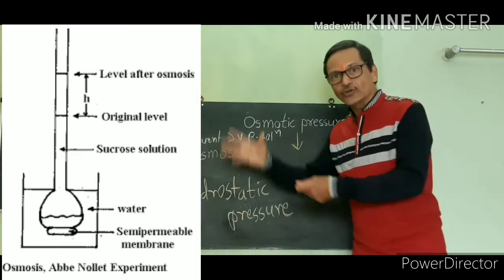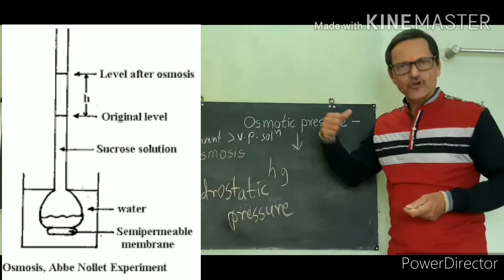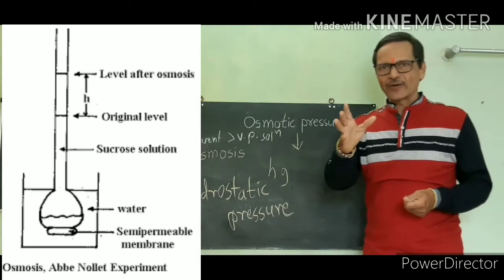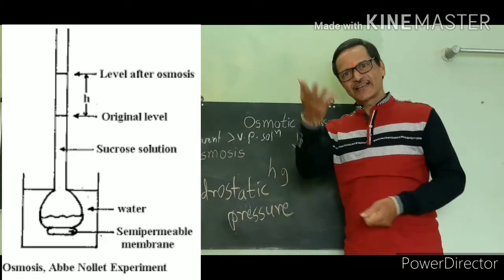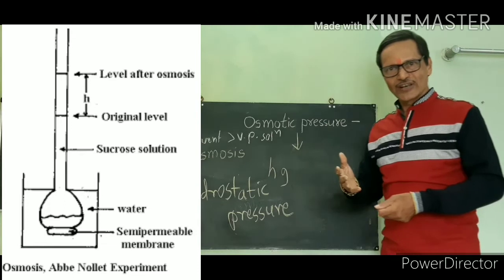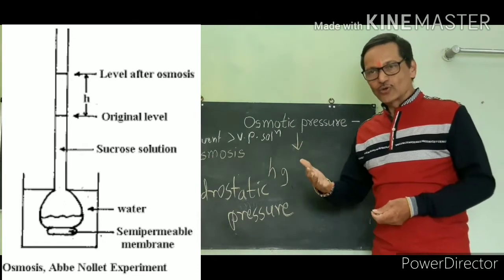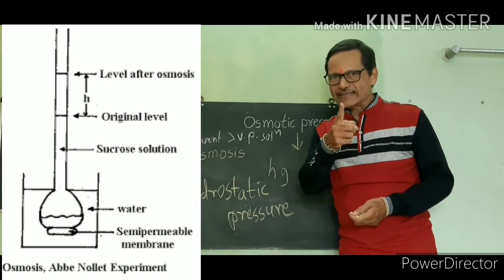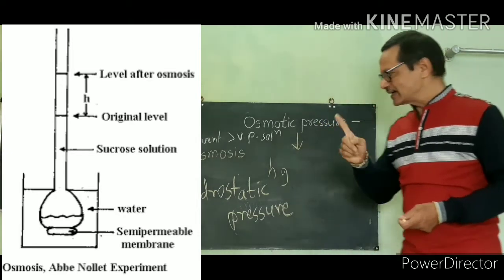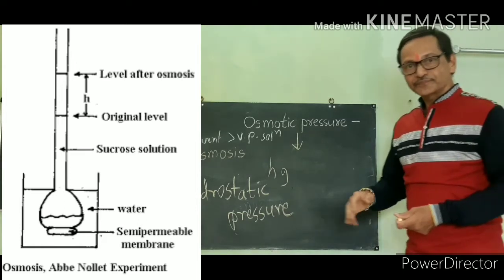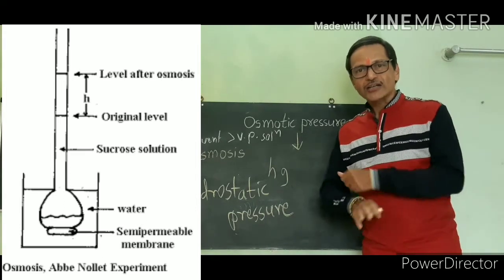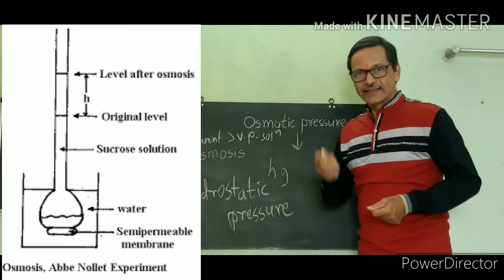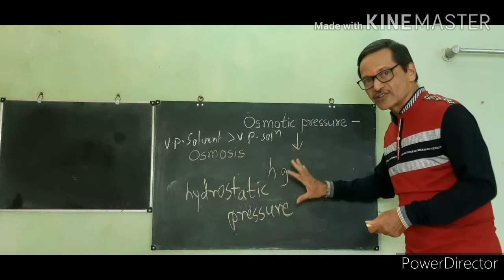It will try to stop the entrance of solvent molecules, and at one particular point it succeeds. The hydrostatic pressure succeeds in stopping the flow of solvent molecules inside, and this point is the equilibrium. At this equilibrium, the solvent molecules are completely stopped from entering the solution side, and this pressure is called osmotic pressure.